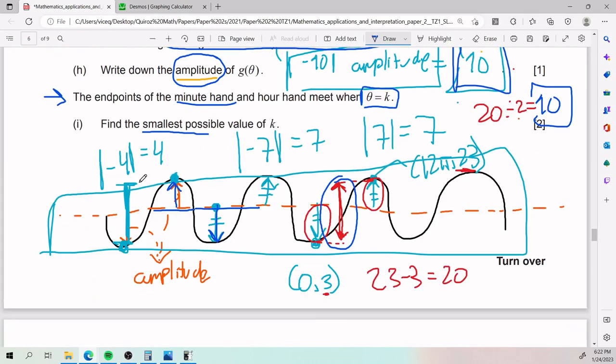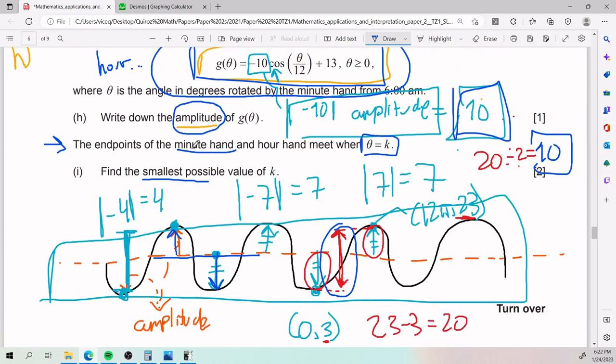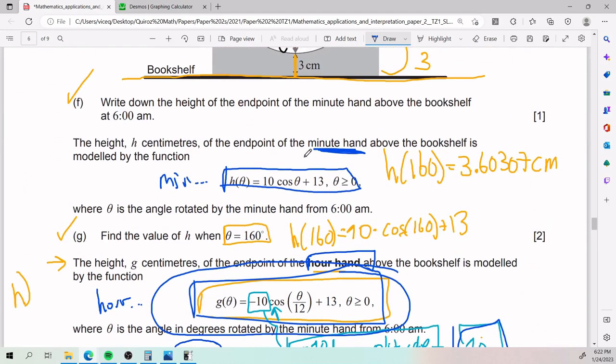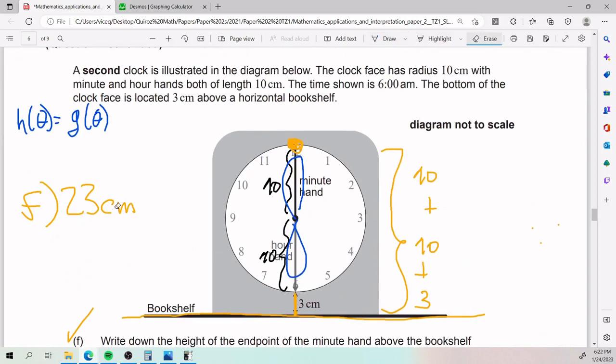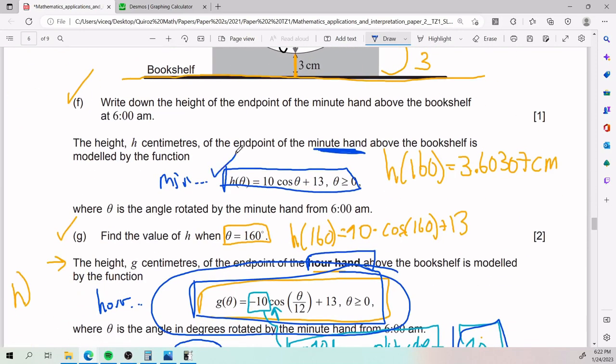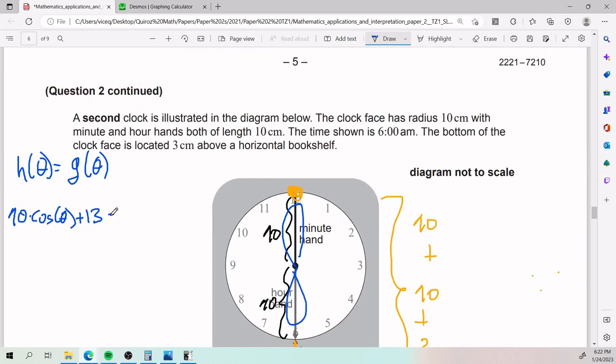Why do we do that? Because we are trying to find whenever the minute hand and hour hand meet, see? So that is why they're being equal to each other. I'm going to go ahead and plug in and see what happens. So if I do that, I will end up with something that looks like 10 times cosine theta plus 13, which is this first guy here, equals negative 10 times cosine of theta divided by 12, plus 13.